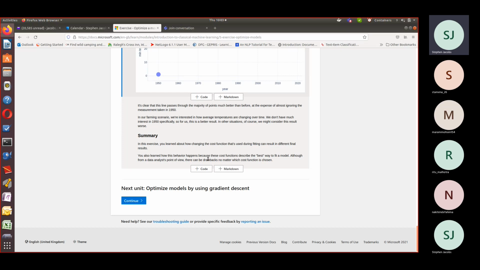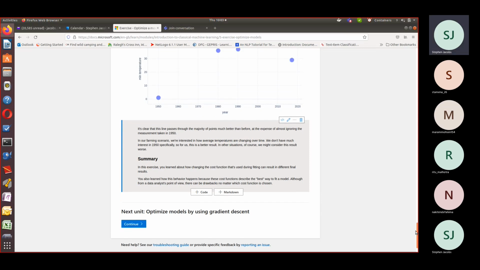You also learned how this behavior depends on these cost functions. They describe the best way to fit a model, although from a data analysis point of view, there can be drawbacks no matter which cost function is chosen. Okay, so the cost function is important because it decides how we're learning and the rate we're learning.